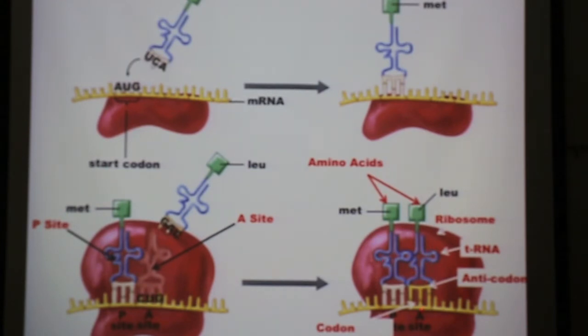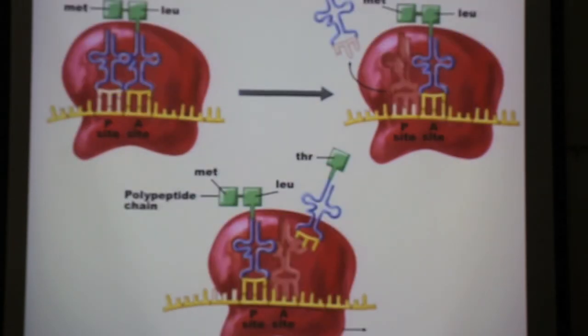So what's in the A site, the whole thing, is going to move from the A site to the P site. That will open up the A site again for your next codon sequence. So you're going to do that in order until you reach the end. And once you reach the end, that final product, the stop codon, will end up being your amino acid sequence, and it'll be in that particular order.